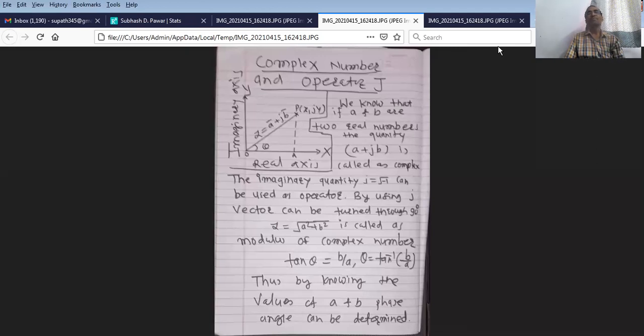For example, in the case of resistance, current and voltage are moving hand in hand, that is, they are in phase.